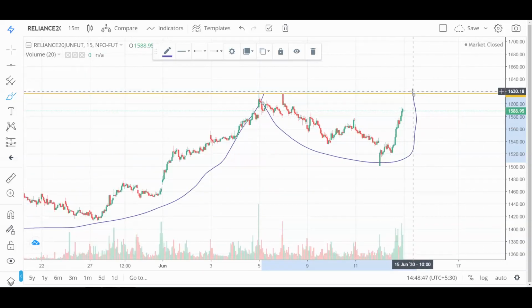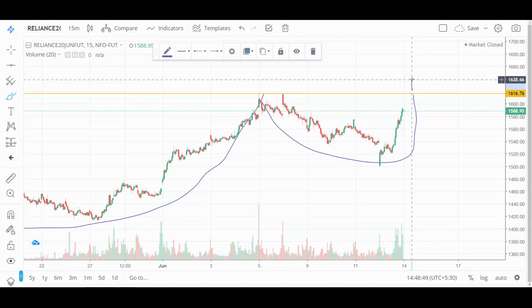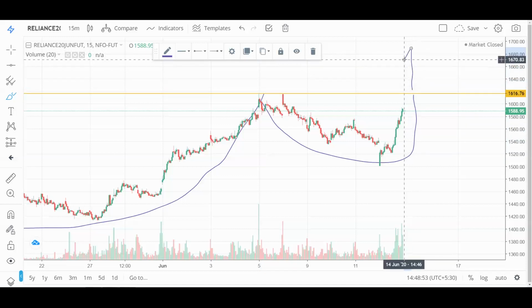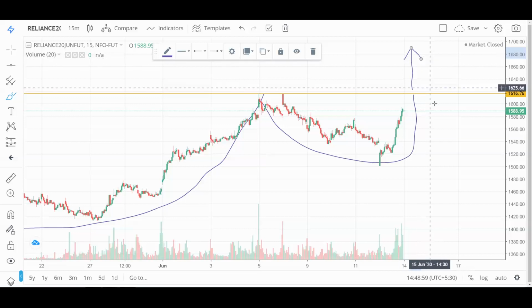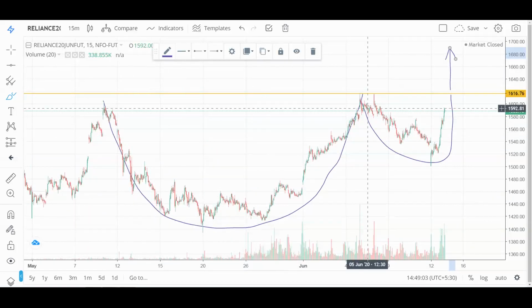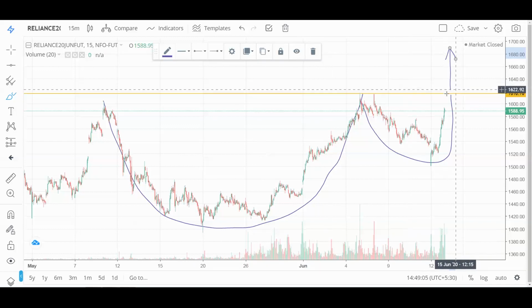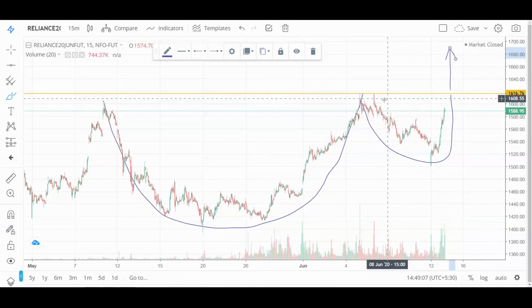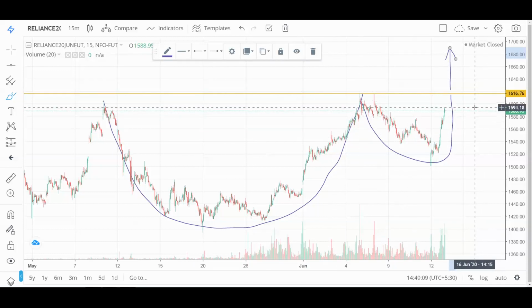And if Reliance is able to break our resistance, then the price will jump. It will take a good move from here. Once this pattern is broken and our resistance level is crossed, you can buy Reliance in the range of 1617 to 1620.